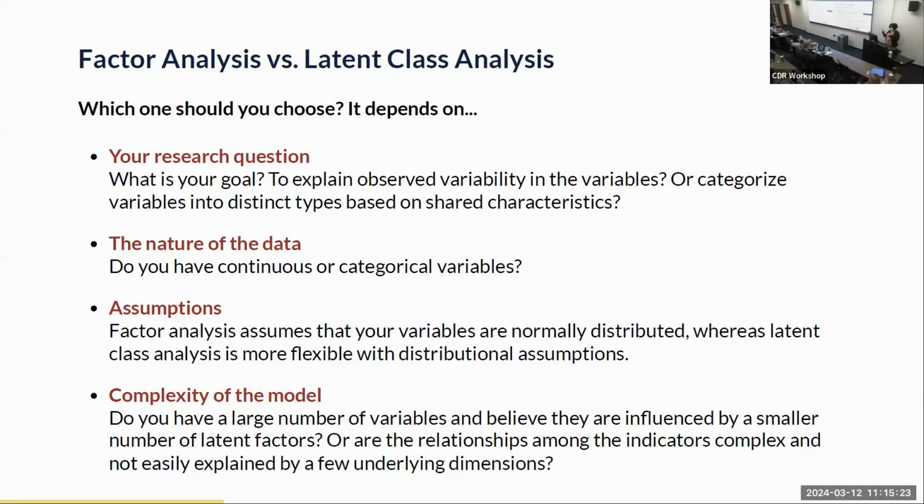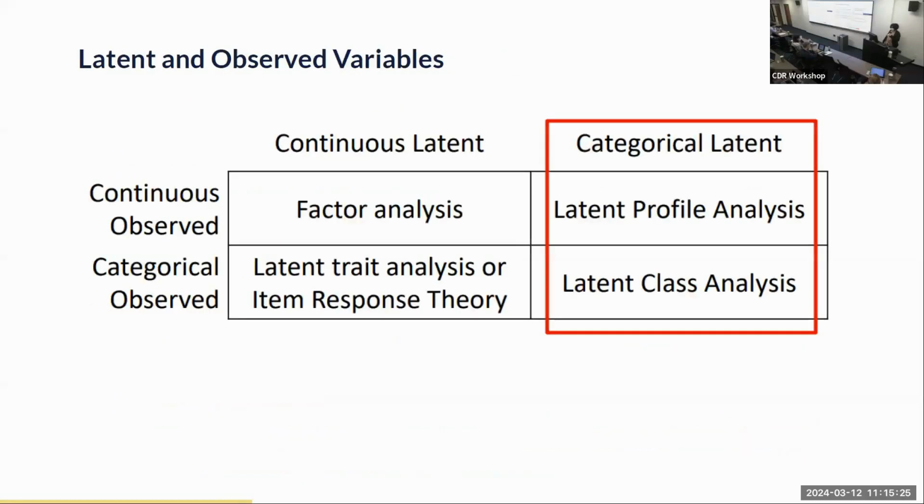But again, there's a lot of thinking you have to do before you jump into models, even though it's so exciting to get there. And here I have this quick graph to just kind of guide you in some decision making if you're just going strictly on variables. So here I have a 2x2 of, if you have a continuous observed variable, categorical observed, continuous latent, categorical latent, and depending on where you fall under this 2x2, it can tell you what you might want to do in terms of your analysis.